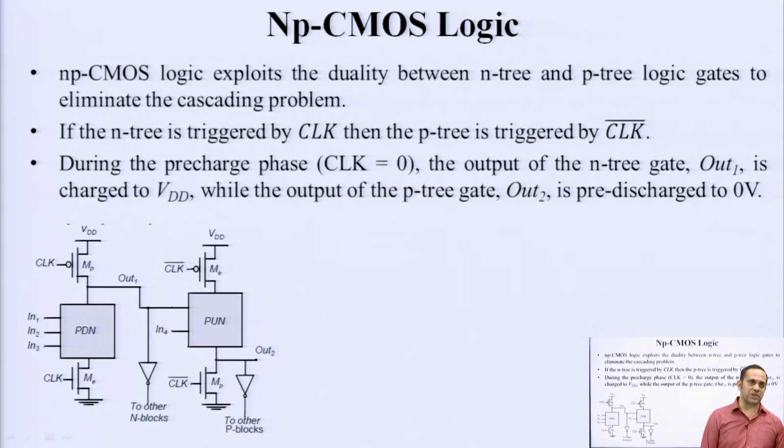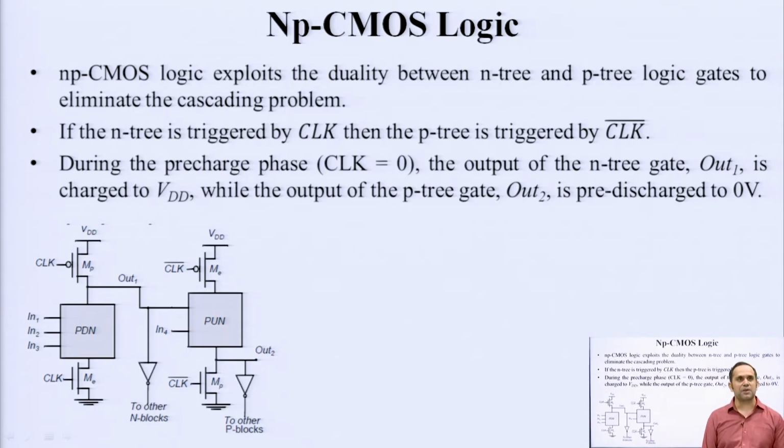If an n logic or n tree is triggered by clock, the p type block is triggered by complementary clock, which we have just seen in the general structure and we have seen in the circuit diagram. During the pre-charge phase, when clock is 0, the output of the N network or N tree out 1 is charged to VDD, while the output of P tree out 2 is pre-discharged to 0 volt.